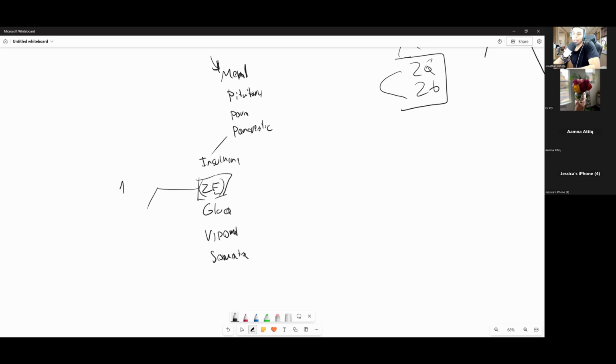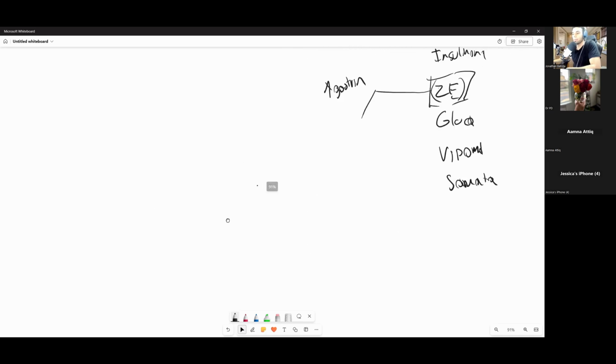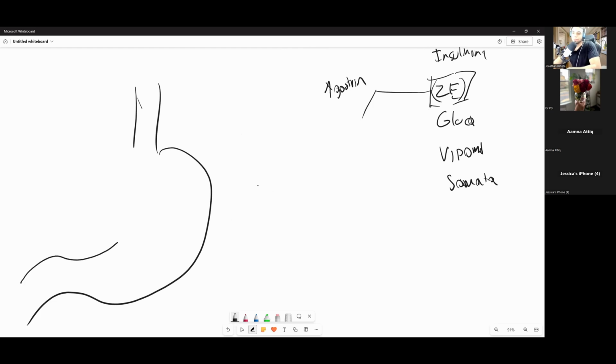Remember that you have an increase in gastrin. And in typical situations, when we talked about the stomach, gastrin, do you remember what cells release gastrin? Yeah, the G cells. G cells, correct. And Jessica says distal to the duodenum.